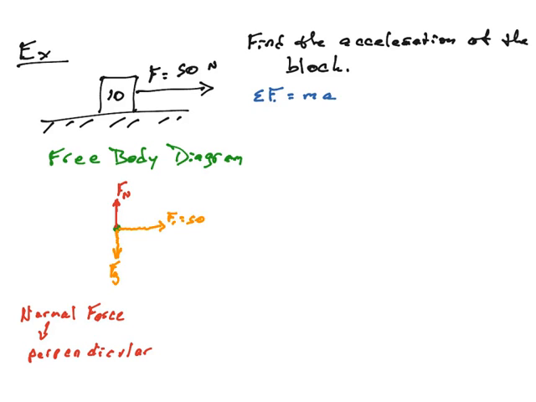So you need to practice a lot in drawing these little free body diagrams. If you don't like drawing a separate picture like I did here, you can always draw it on the original picture. So you can say, okay, well, there's some gravity here, the normal force is here, and then the force is already drawn. So there's all the forces on the picture.